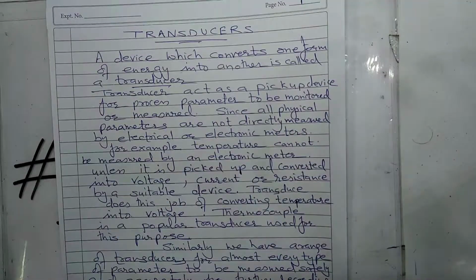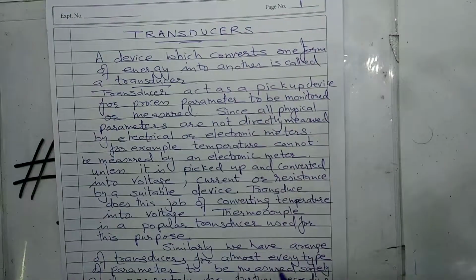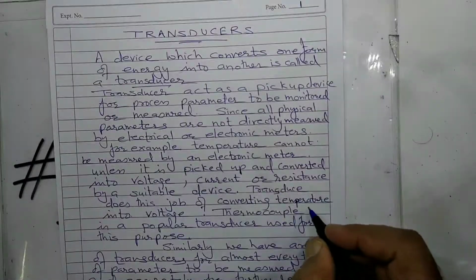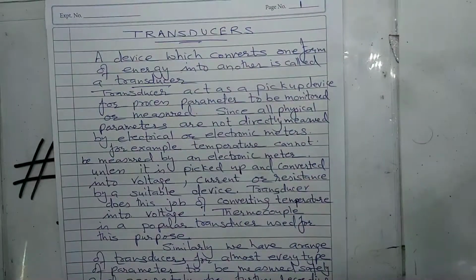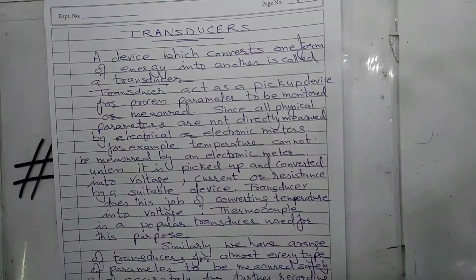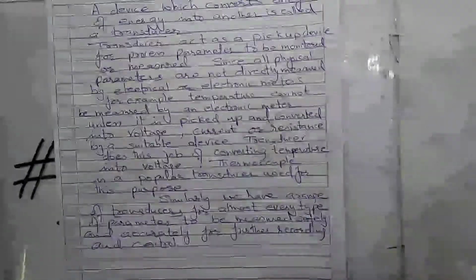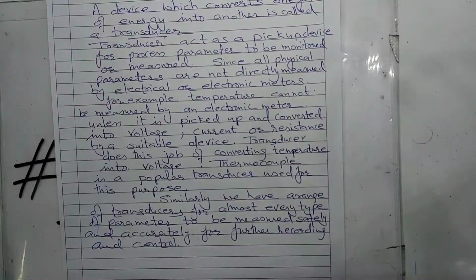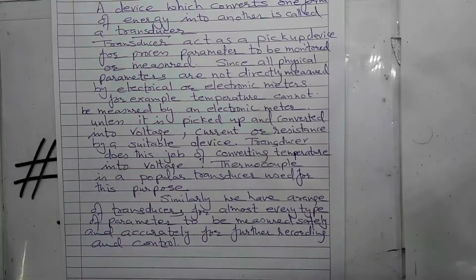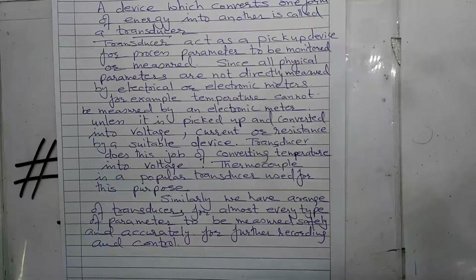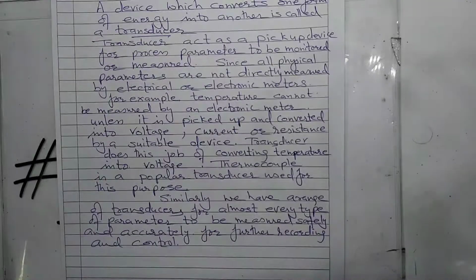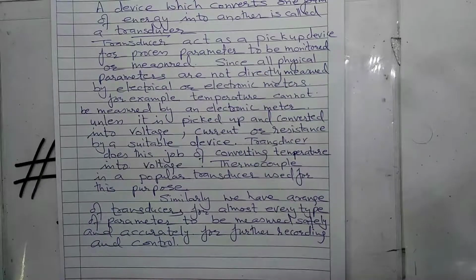Transducer does this job of converting temperature into voltage. Thermocouple is a popular transducer used for this purpose. Similarly, we have a range of transducers for almost every type of parameter to be measured safely and accurately for further recording and control.